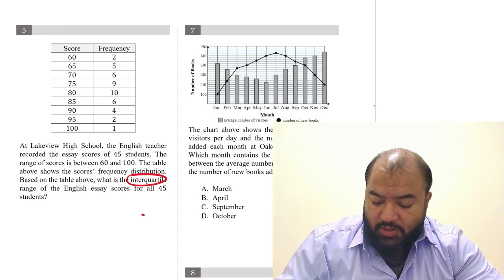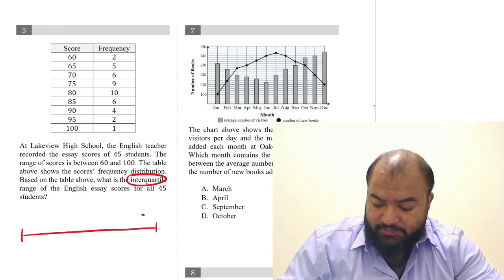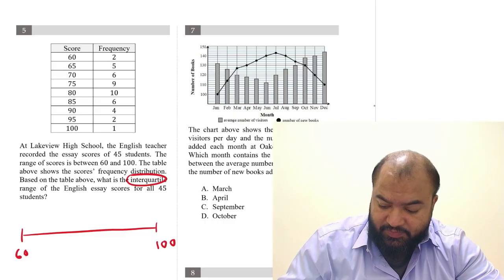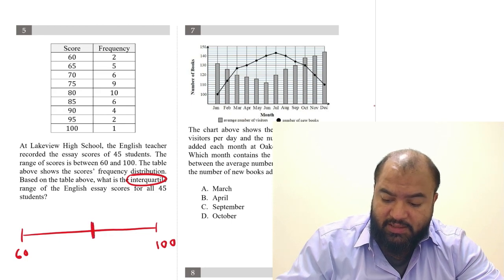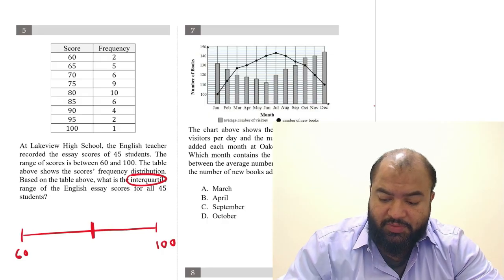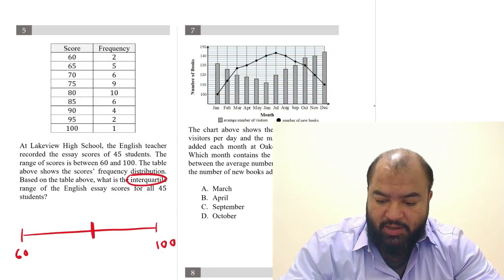So in the box plot, the minimum is 60 and the maximum is 100. And we want to find the median, which will be quartile 2. There are 45 students, so the median will be the 23rd one.